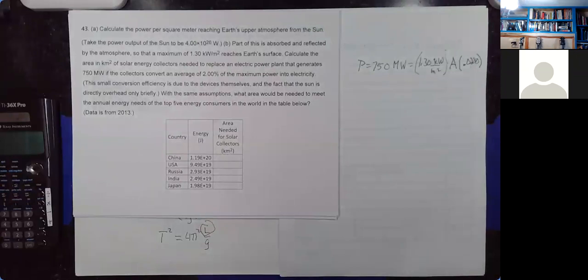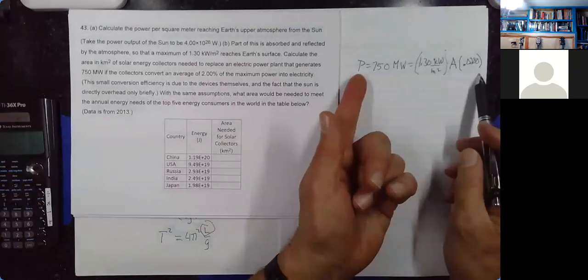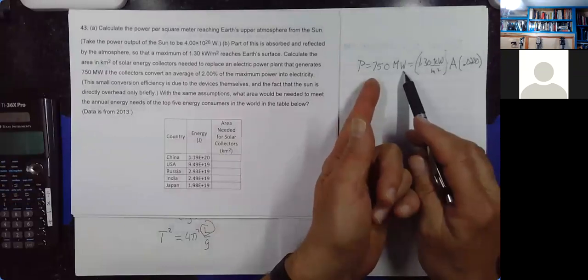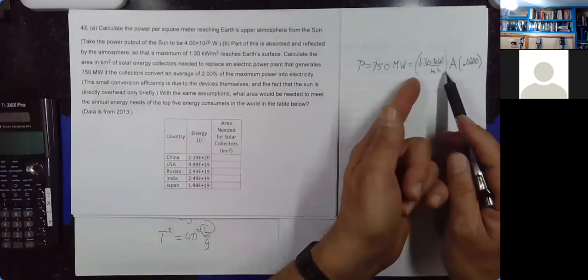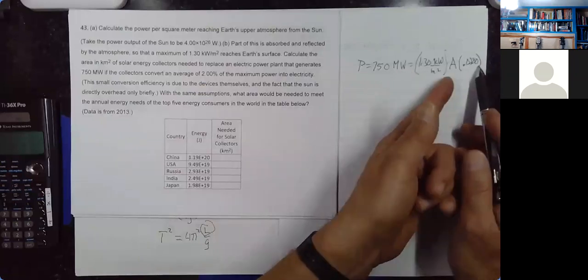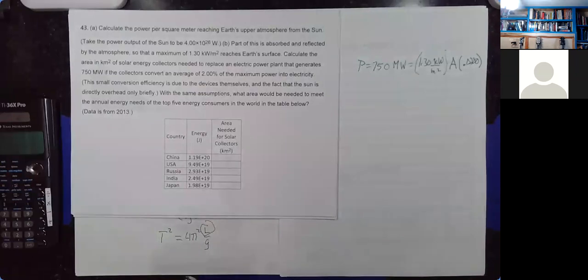Basically I had to develop this equation on my own, knowing the total power output I wanted and knowing the power per unit area delivered by the sun. So we can figure out what the area is going to be.